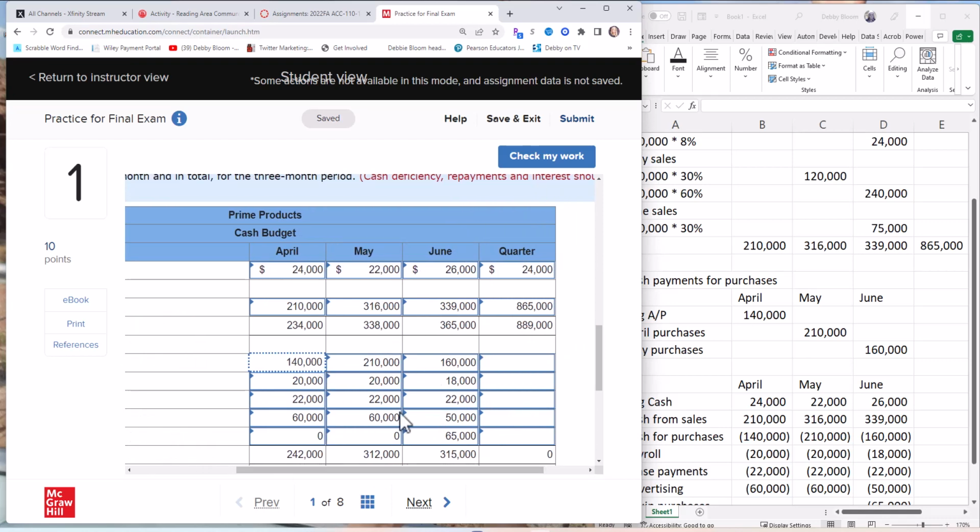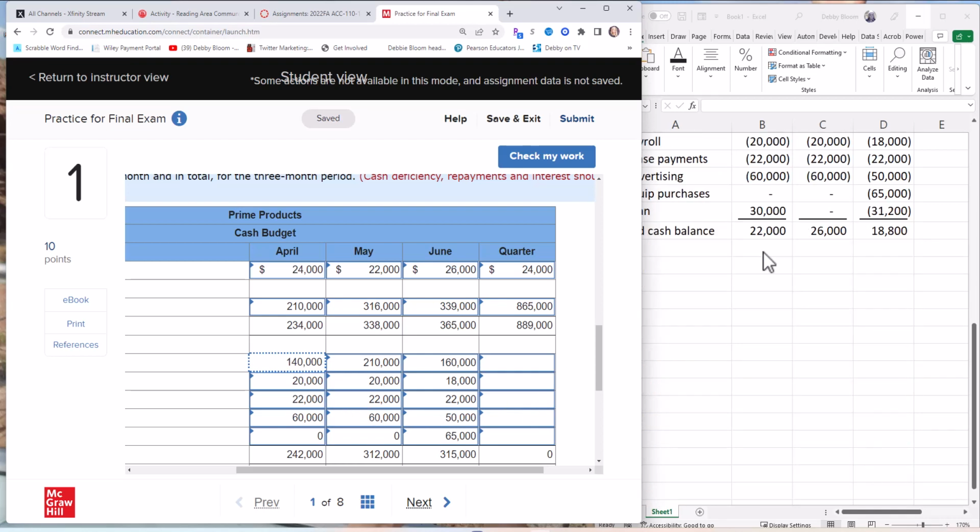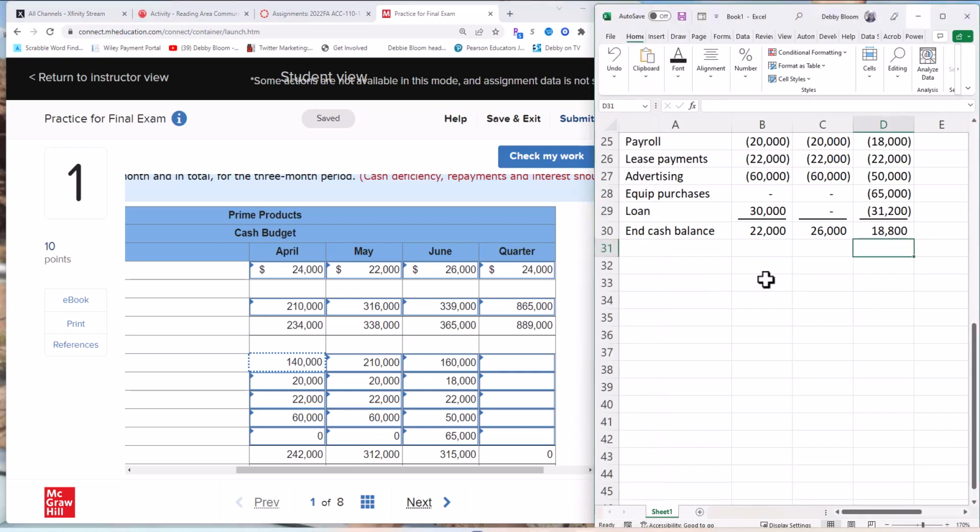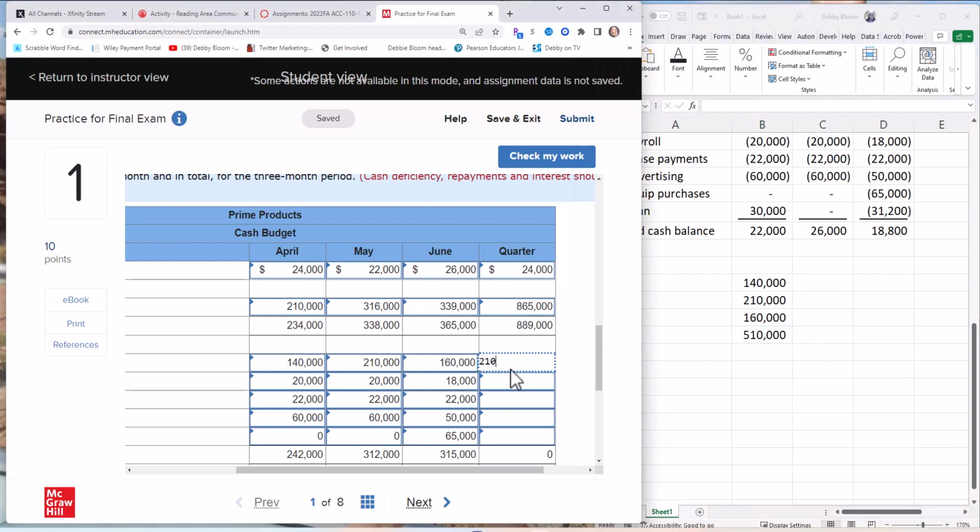So I'm going to take 140,000 plus 210,000 plus $160,000. When I add those three numbers together, I'm going to get 510,000. That's not 510, that's 210, 510.